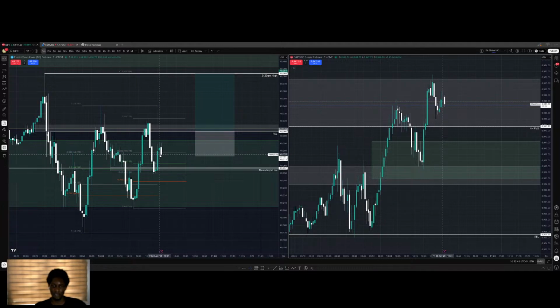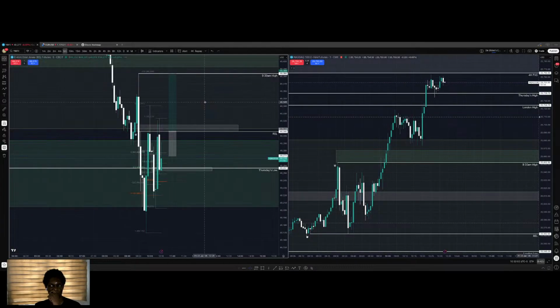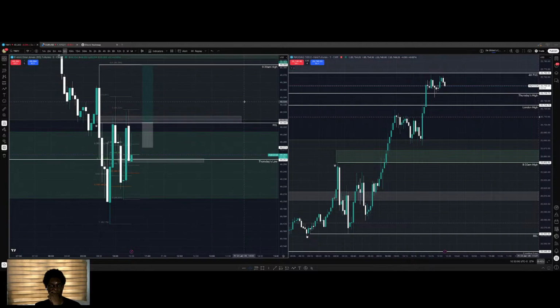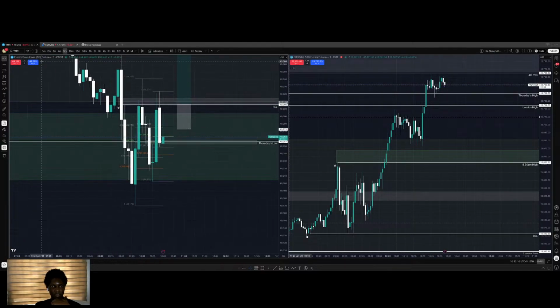Okay, we've tagged this gap. If we do form another block here, I want to see a strong close above. So you see, we're still respecting this 5 minute gap and this other block. Trade into it, dropped. Trade into it again, and now you're seeing this drop, right?